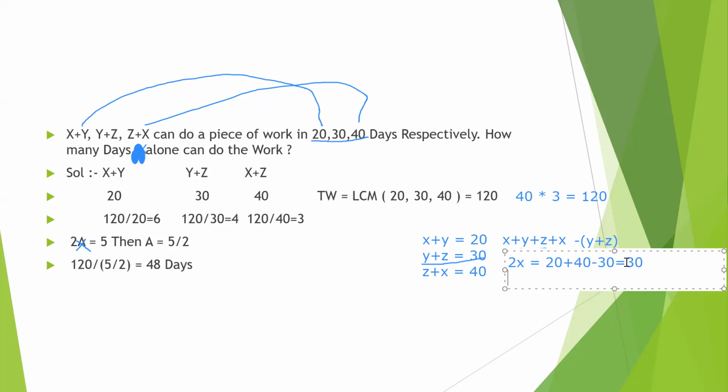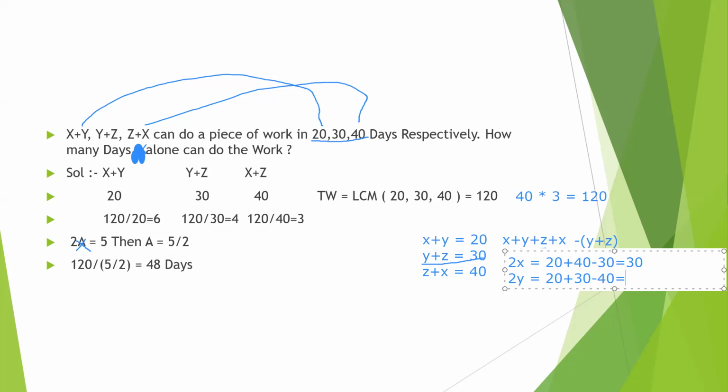In the same way, we know the 2y. How to find 2y? Where the y is present, we can sum those. Here y is present in the first one and second one. So we get 20 plus 30 minus 40, that equal to 20 plus 30, 50, 50 minus 40, 10.